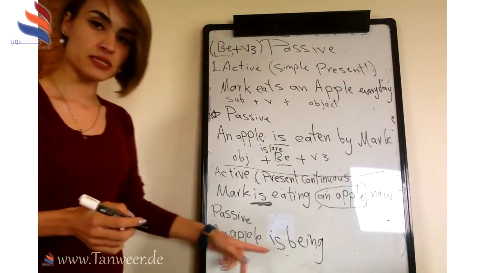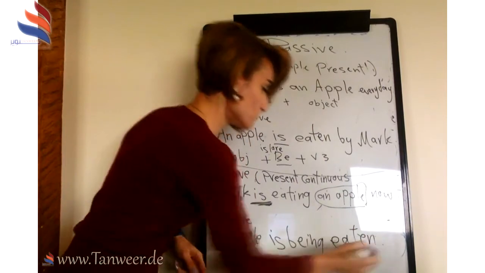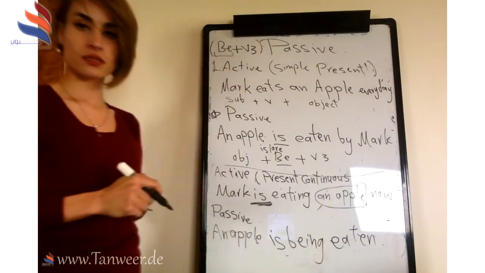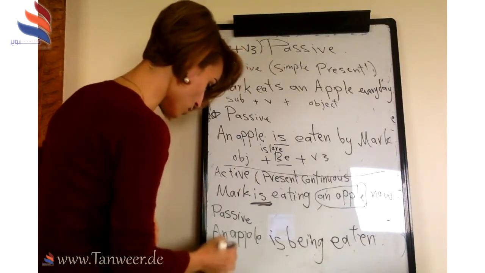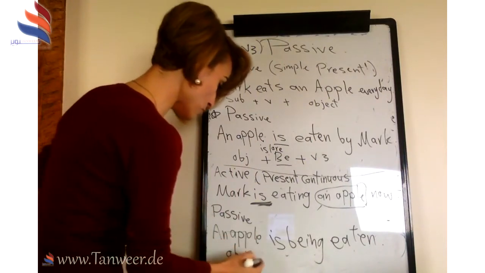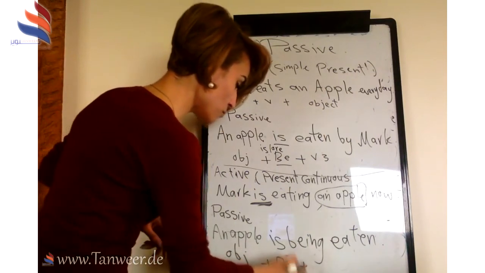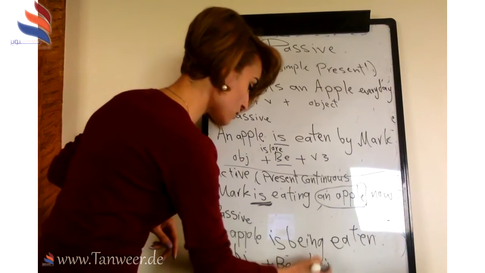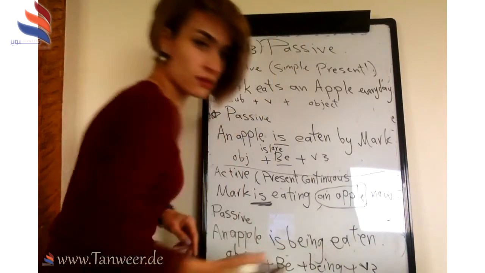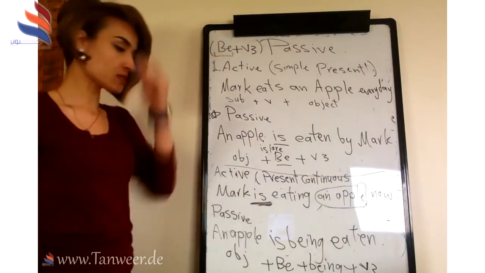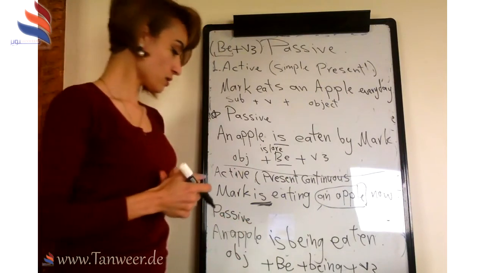An apple is being eaten by Mark. So I have the object plus verb to be plus being, and this is fixed, plus verb 3.